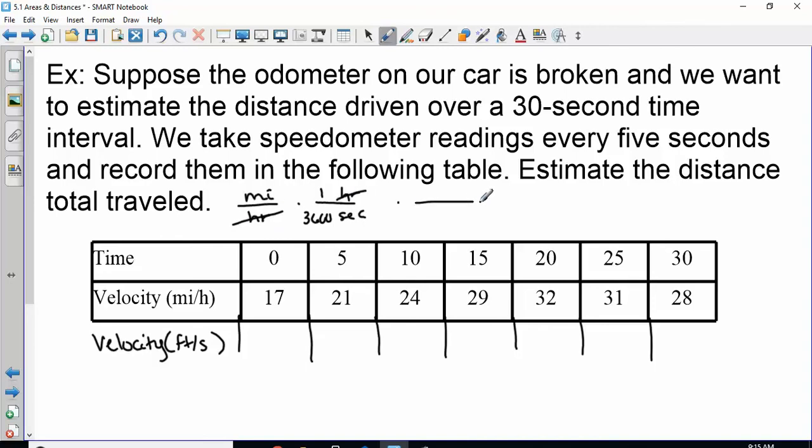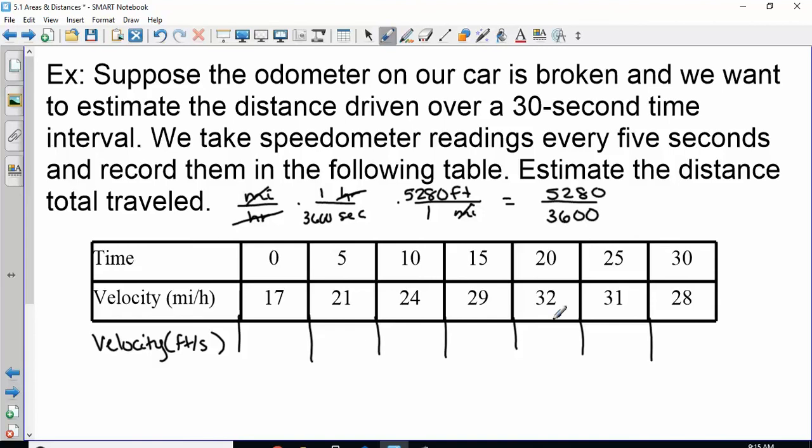If I want miles into feet, 1 mile is 5,280. So what we essentially need to do is just take each of these numbers, 5,280 divided by 3,600. We could reduce that, but we don't have to.